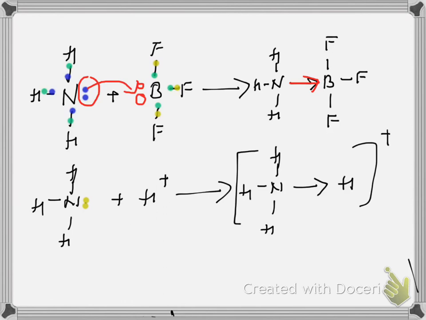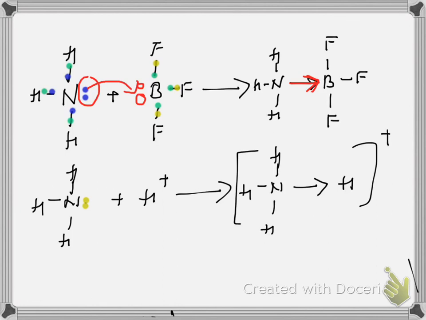If nitrogen transferred its electrons to boron, definitely that would be an ionic bond. But it is not an ionic bond, it is a kind of covalent bond. So you have to use the word sharing. The word sharing is important. The shared pair is given by nitrogen. There is no contribution from boron. Boron gives only its vacant orbital for sharing.